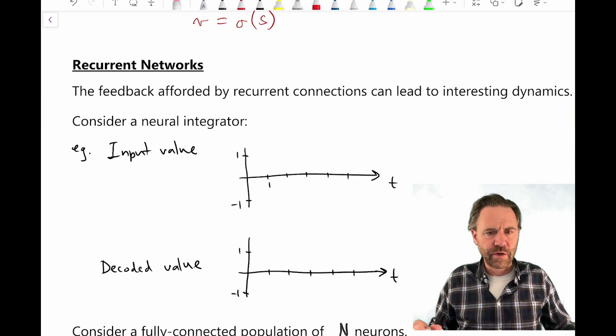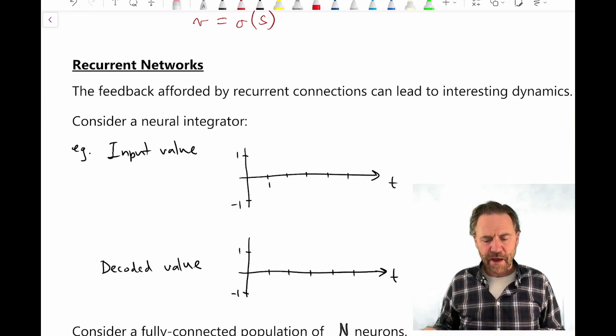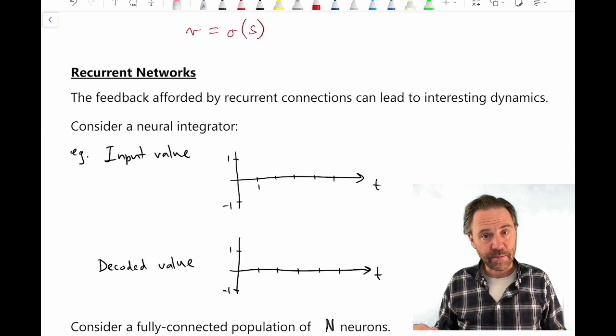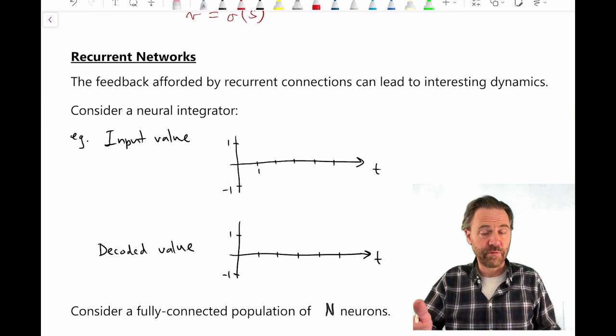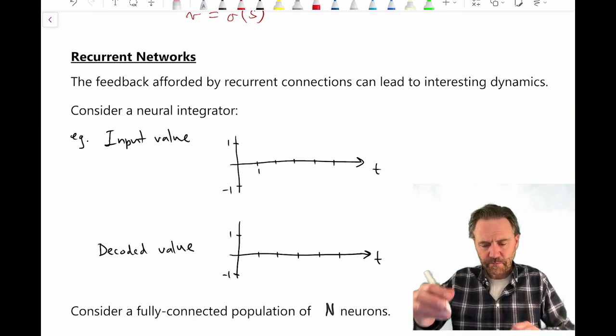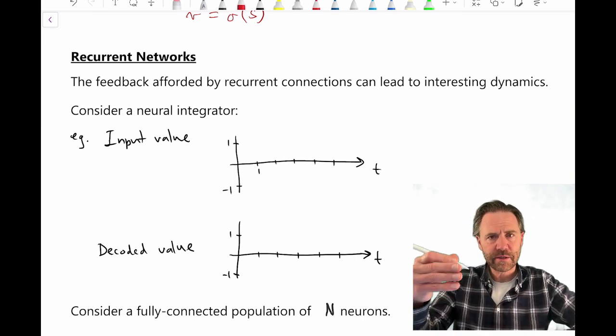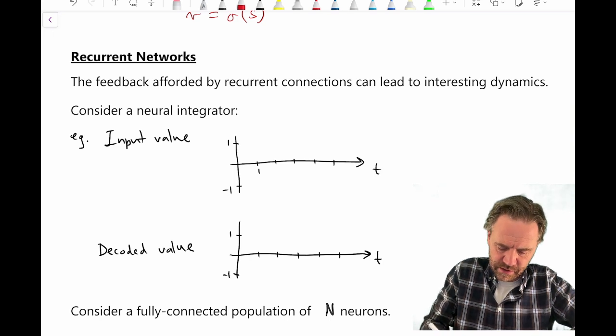So let's talk about recurrent networks. The feedback afforded by recurrent connections can lead to interesting dynamics. So consider a neural integrator. What's an integrator? An integrator is when you have some input value. Let me draw some input here.